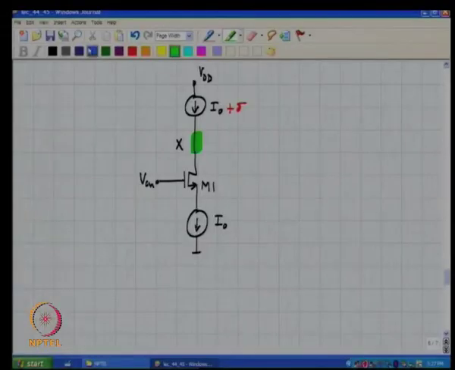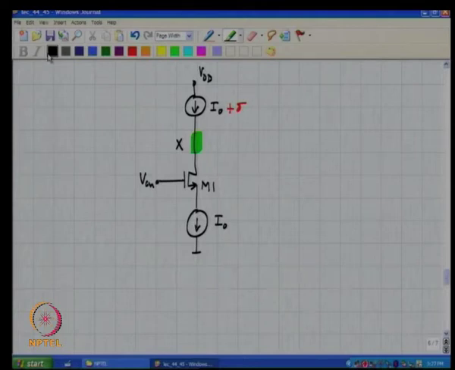And the only way that can be done, if both of them are talking to each other and agreeing with each other, it means that both of them are not really independent; one of them has to be dependent on the other, right. And there is no harm in, or loss of generality in, making the tail current source independent. This is not necessary, but as an illustration I will just use that.